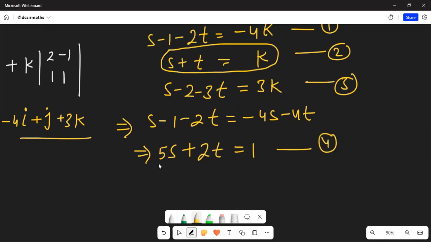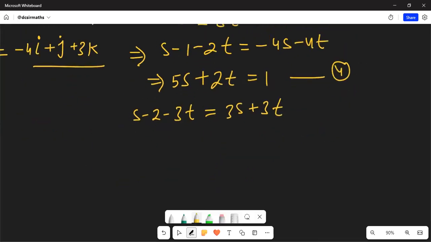We would like to get one more equation by taking the value of k here, so we write s minus 2 minus 3t is equal to 3 times s plus 3 times t. In place of k here, I write s plus t.